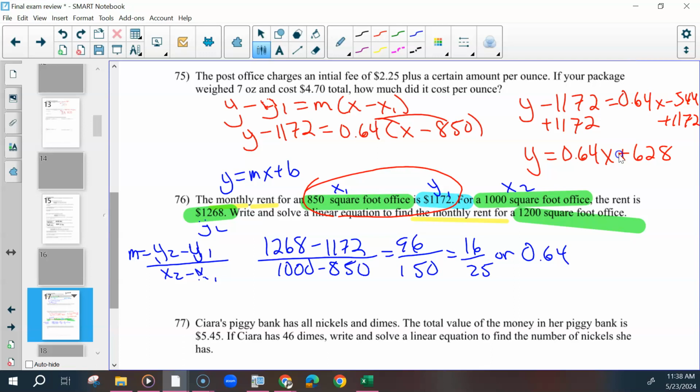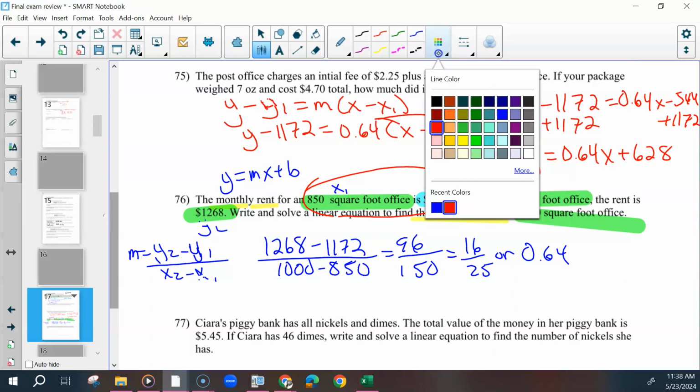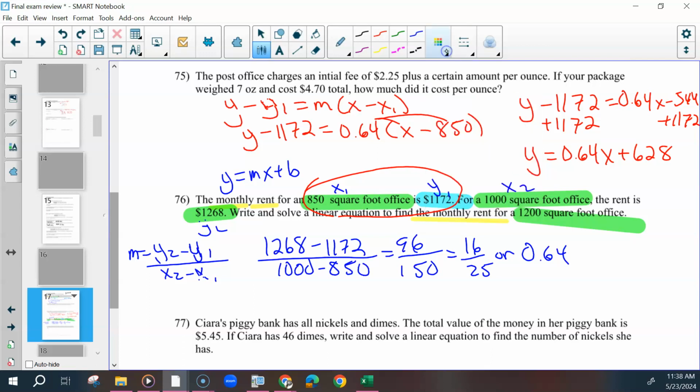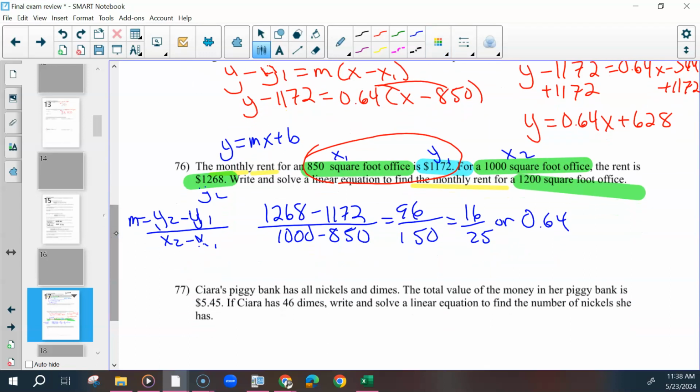Now, unfortunately, that's not our final answer. That is our equation. So our monthly rate, the rate per square footage, and the deposit. But then we have to find the monthly rent for a 1,200 square foot office, so we have to put this in for x. And then whatever that is would be our final answer.